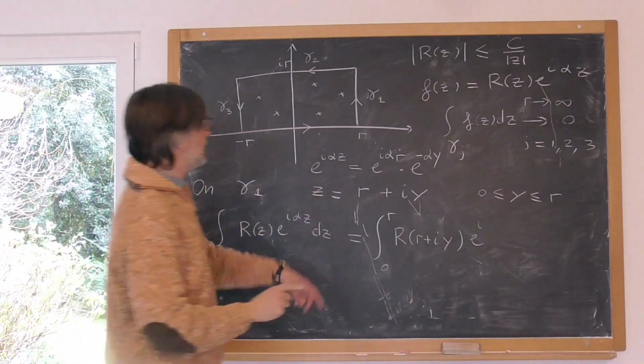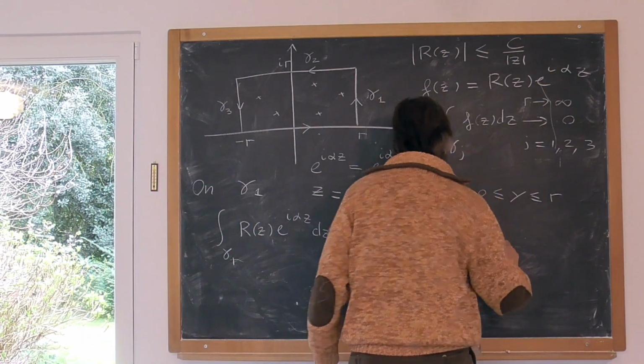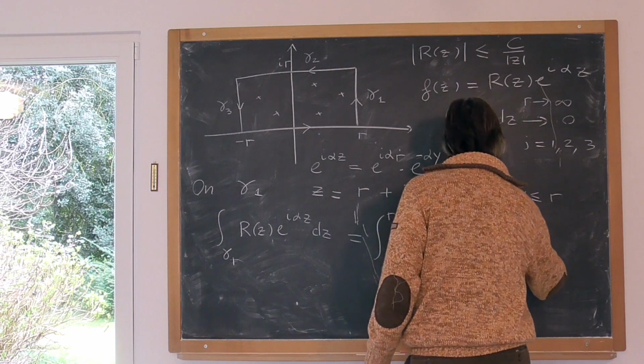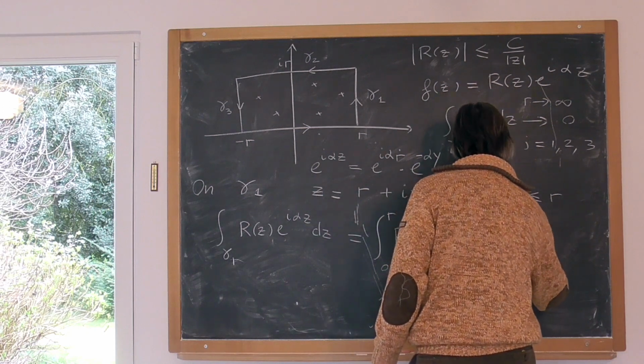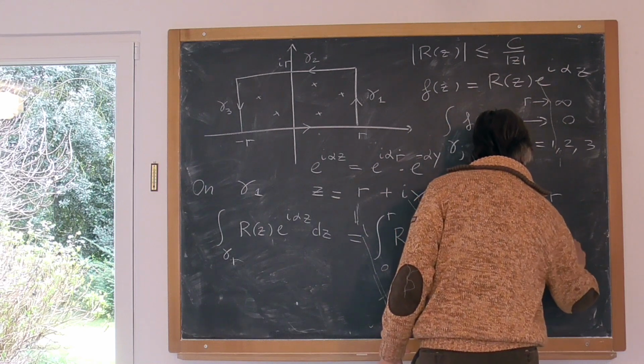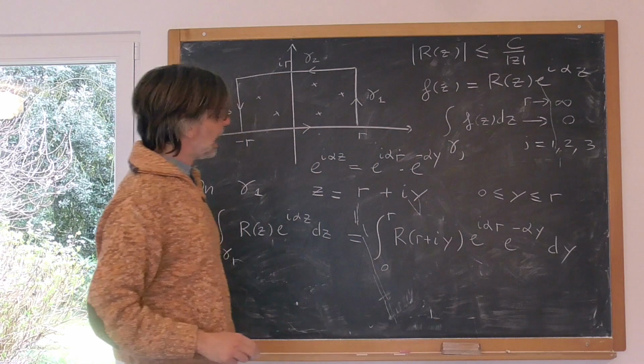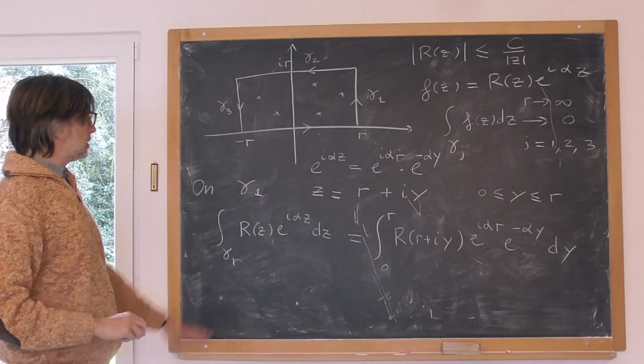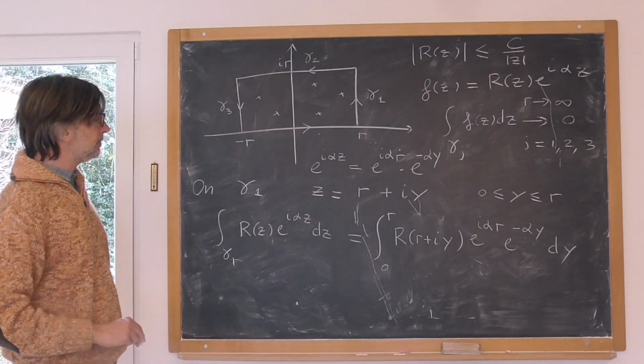So here we get e to the I alpha r times e to the minus alpha y in dy. Okay, I've written explicitly what this line integral is.